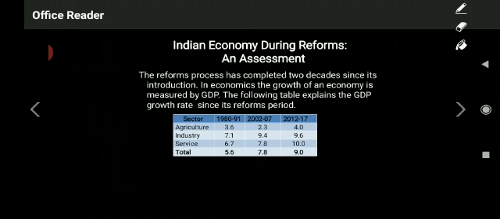It was 3.6%. Look at the 2002-7 status of agriculture sector GDP. It has declined from 3.6 to 2.3%. I'll tell you why it declined in that particular year. Look at the 2012-17 report of agriculture sector GDP.